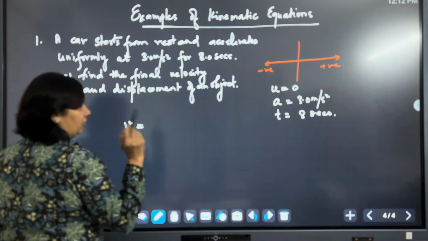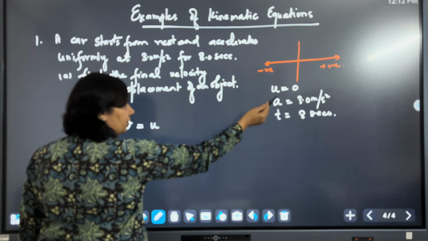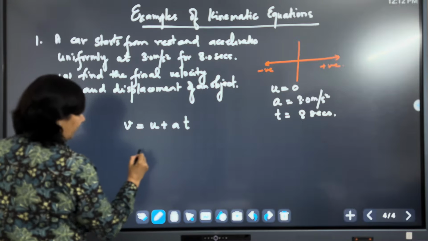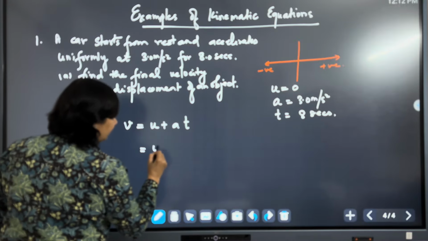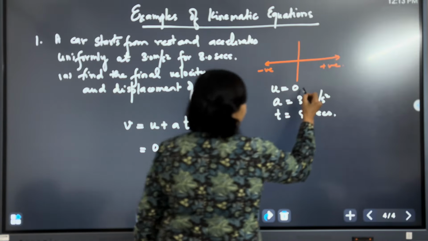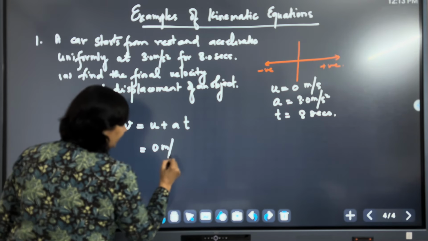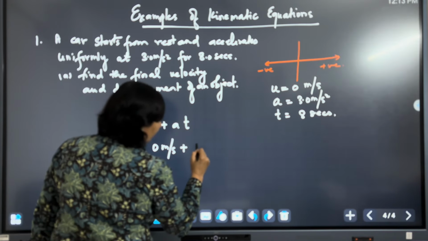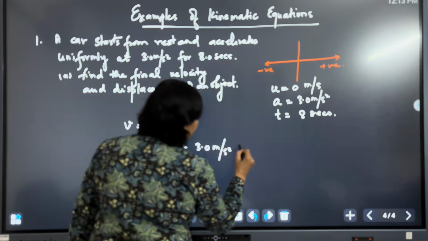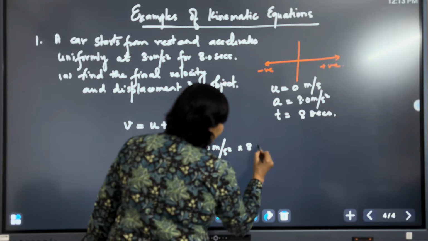Final velocity of an object is, you can use the kinematic equation with these variables, u plus a into t. Right? This is 0 plus, it is always good to use units. Okay, then you will not make a mistake. 0 meter per second plus 3.0 meter per second square into 8 second, right?